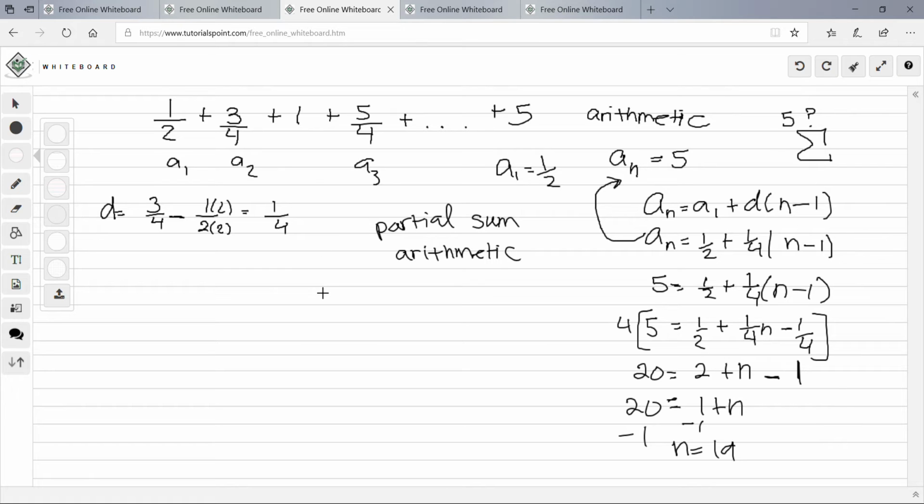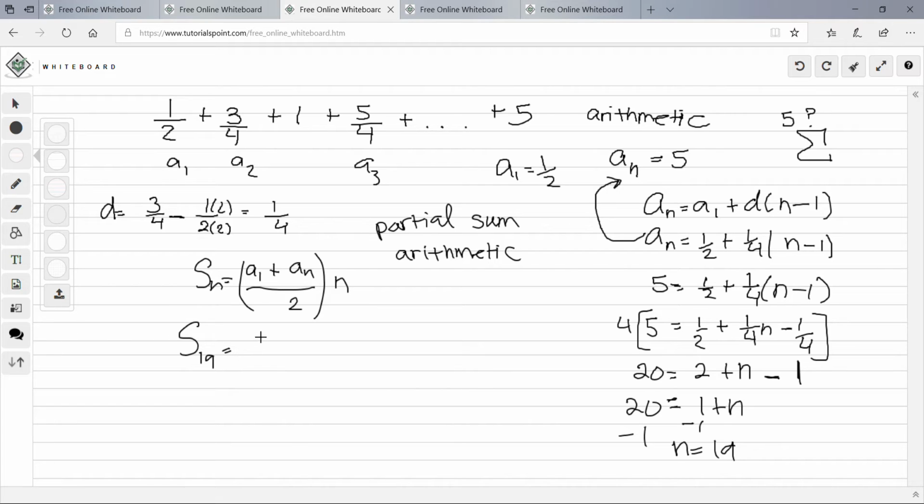So we're going to use this formula. Sn equals first term plus nth term, a n, divided by 2, times n.